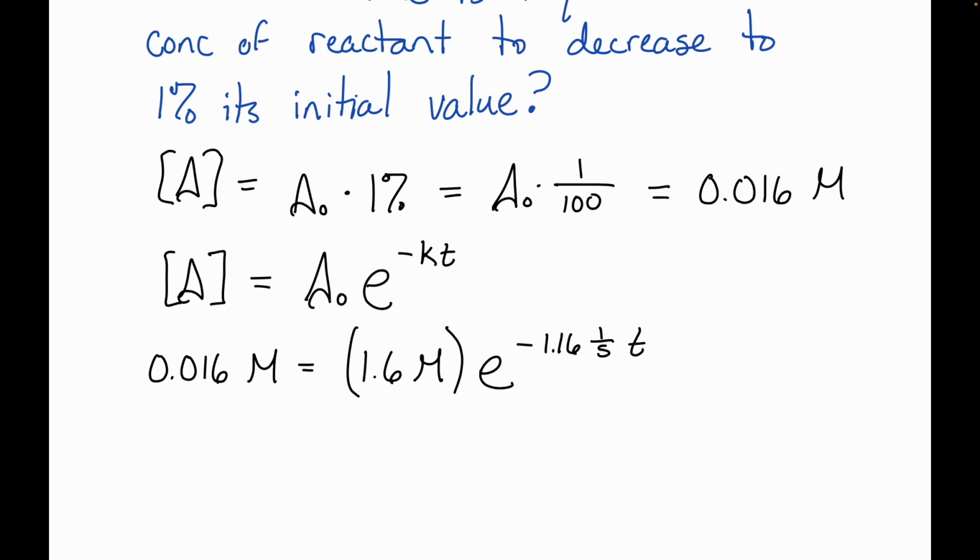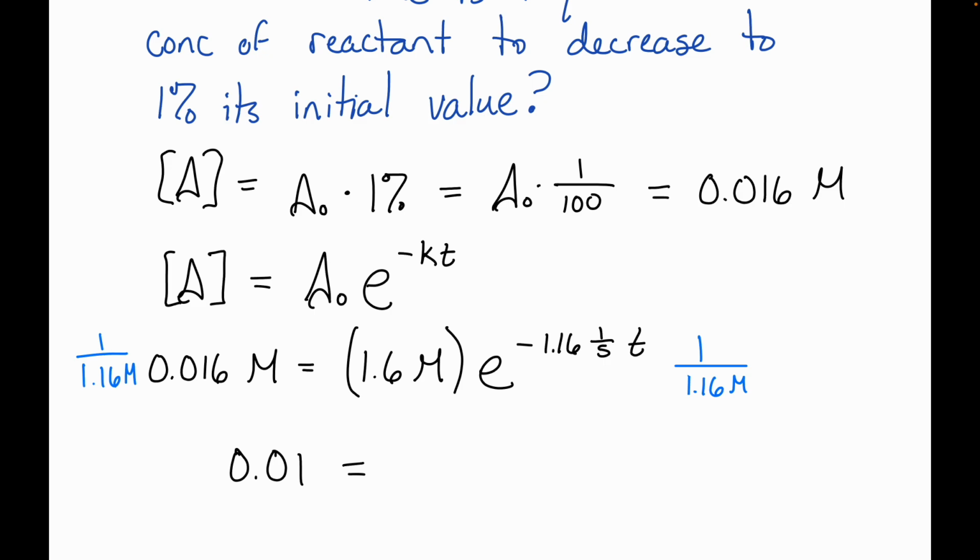I kind of like to do things symbolically, but we'll keep those numbers in there. Step 1, I'm going to divide by that initial concentration. I get this 0.01. No units.